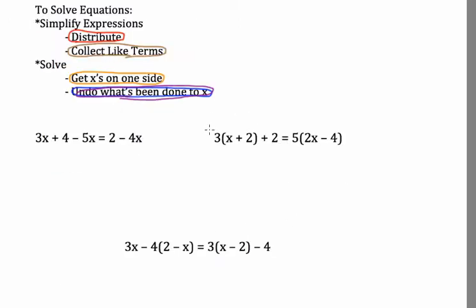Next problem. My first step is to simplify my expressions on either side of the equal sign. So I'll distribute and collect like terms. First, distributing.